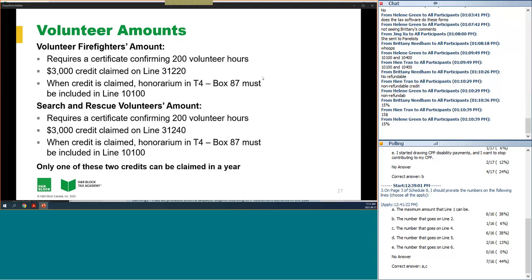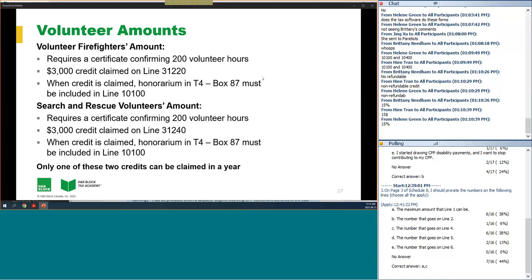Okay? The problem we run into is, if you remember from Chapter 2, sometimes when you are a volunteer, you have some exempt income. So if you remember, we had a box 87 on a T4 with a maximum of $1,000 of exempt income. If you want the credit, you have to pay tax on the income. Okay, so if they qualify for the credit, you now have a choice.